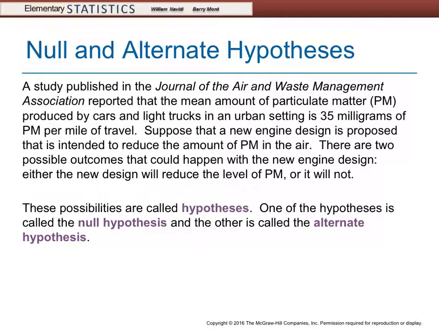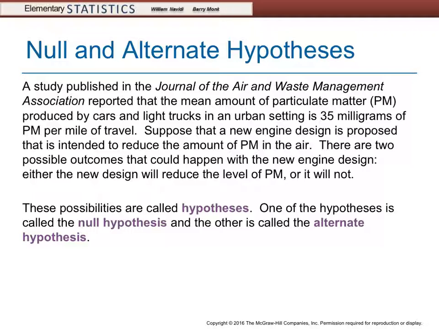Suppose that a new engine design is proposed that is intended to reduce the amount of PM in the air. There are two possible outcomes that could happen with the new engine design. Either the new design will reduce the level of PM, or it will not. These possibilities are called hypotheses.